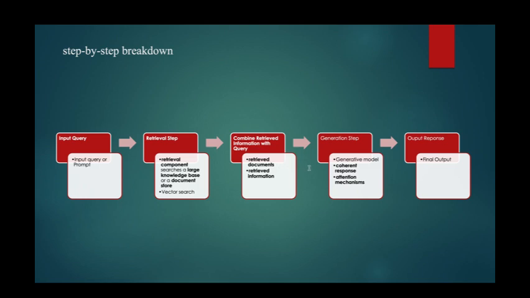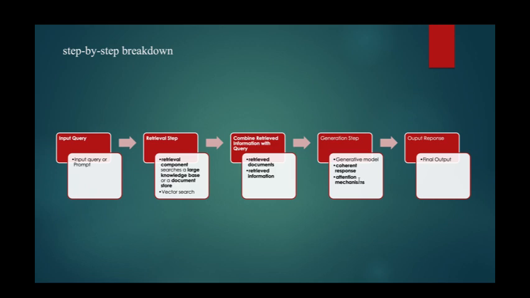This store can contain a wide range of documents such as web pages, articles, or specialized knowledge sources. Retrieval typically involves methods like vector search, where the query is transformed into a vector and then the closest vectors representing the most relevant documents are retrieved.